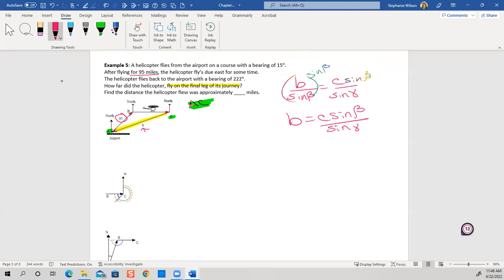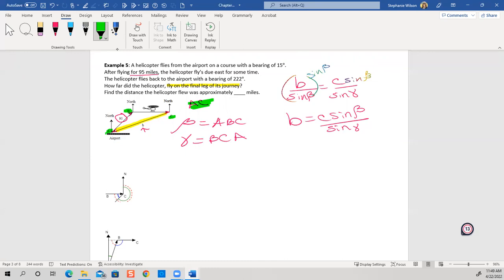But just one second, I kind of jumped the gun. This is something we know, but I need to tell you what beta is. Beta is going to be found from A, B, C. And gamma is going to be found from B, C, A. So this is where these capital letters really come into play and help you, because they let you know from point A to point B, from point B to point C. All right.